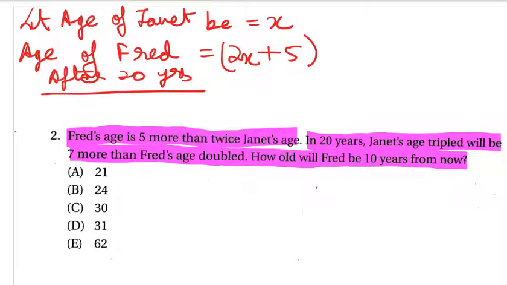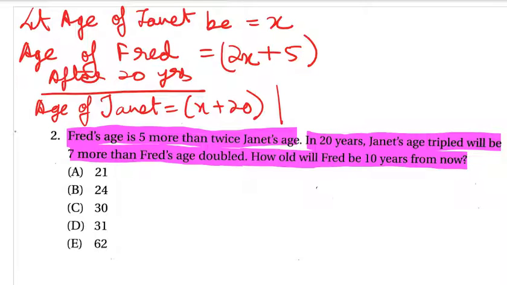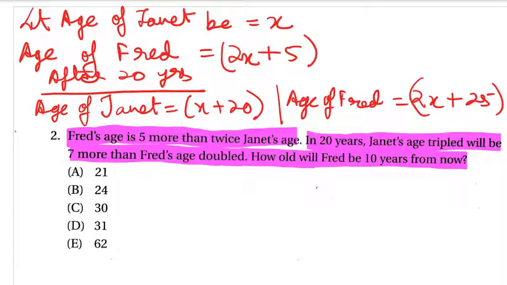After 20 years, age of Janet x plus 20, age of Fred 2x plus 5 plus 20 gives you 25. Okay, now we need to read the next part of the question.